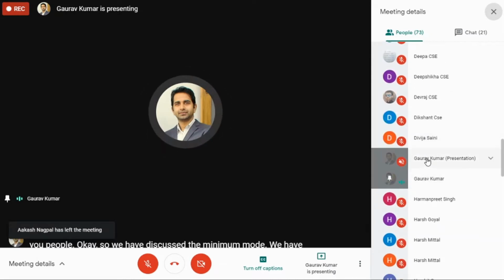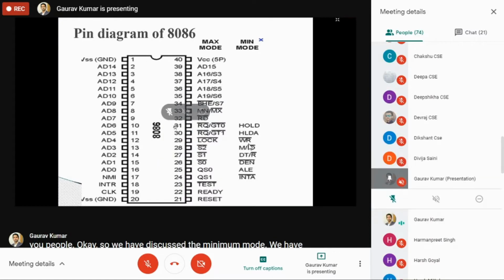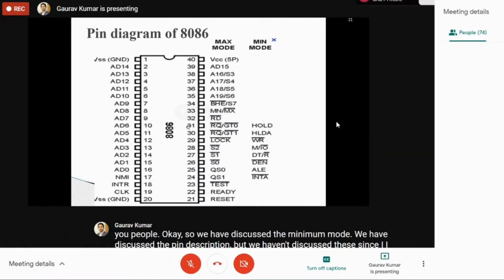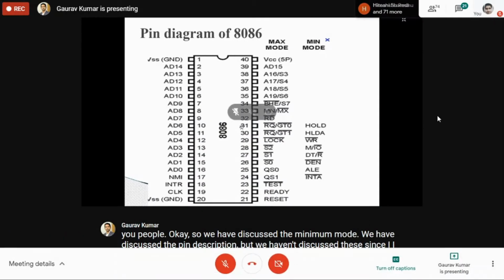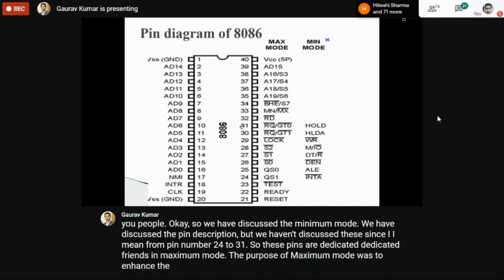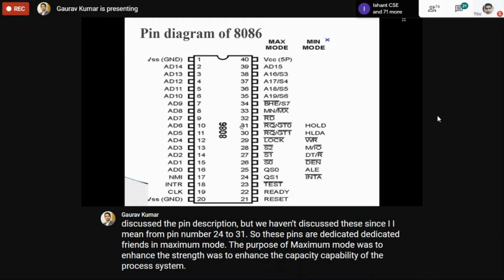These pins are dedicated pins in maximum mode. The purpose of maximum mode was to enhance the capability of the processor system, so you can connect more processors in the system. I gave you one example yesterday. So this was the birth of networking.